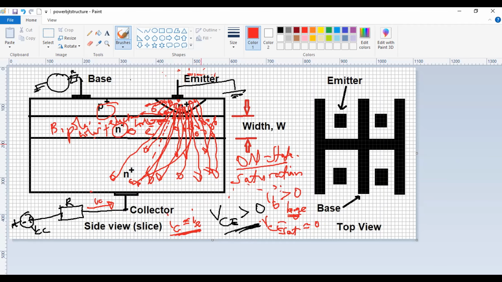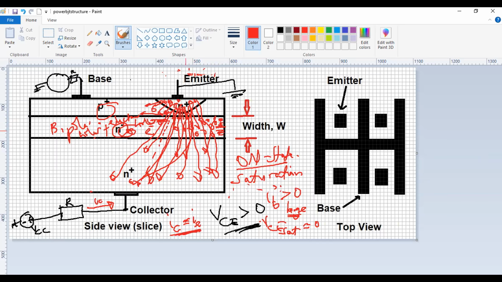The only difference, like I said, is this large, lightly doped area. It's actually meant to come in when we are blocking, when we're doing reverse biasing, when it's off. But when it's on, it's not as important.